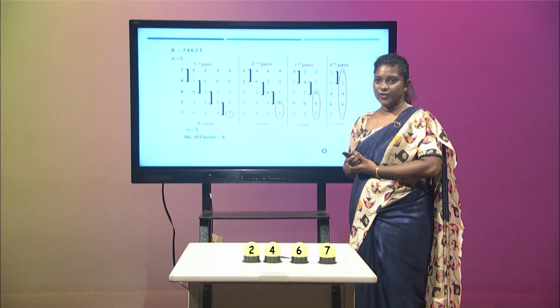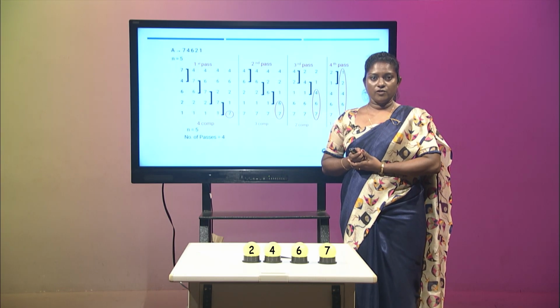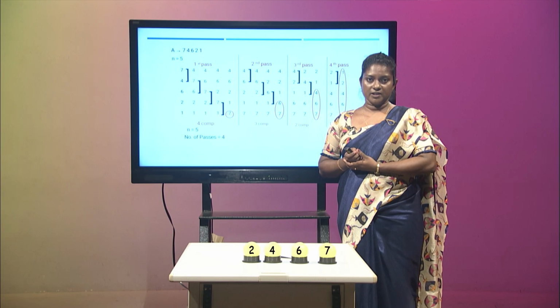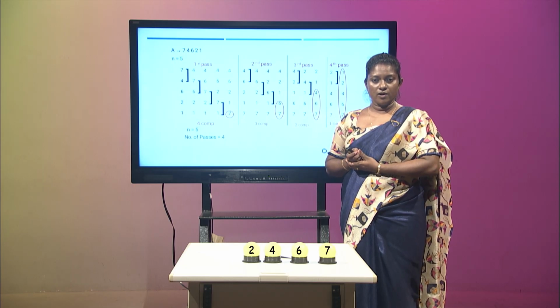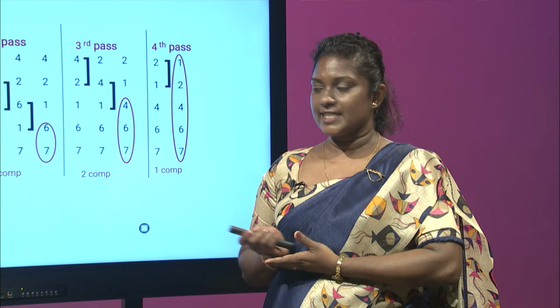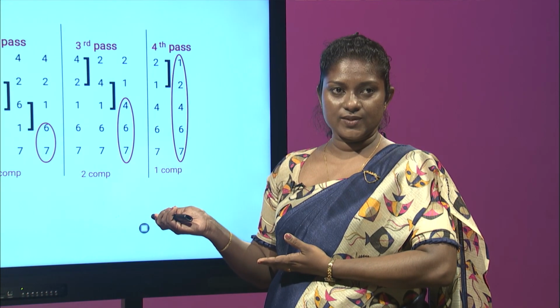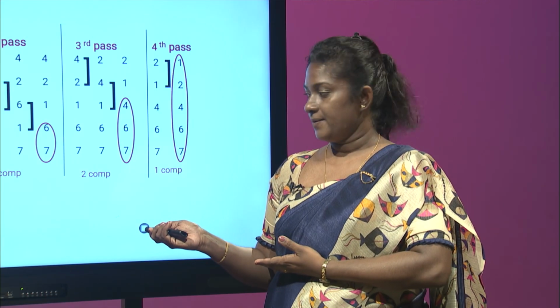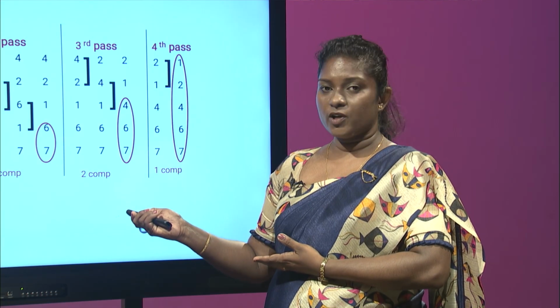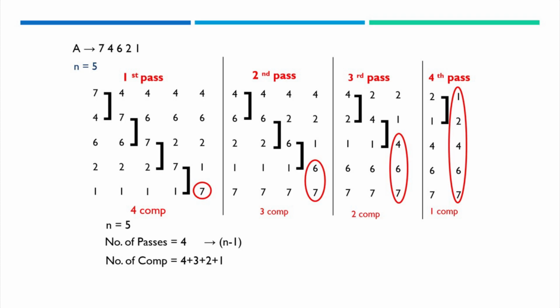Okay, now think. If you are given n number of elements, how many passes do you have to perform? Yes, that is n minus 1. Then, as we already saw, the number of comparisons in 5 elements is 1 plus 2 plus 3 plus 4.